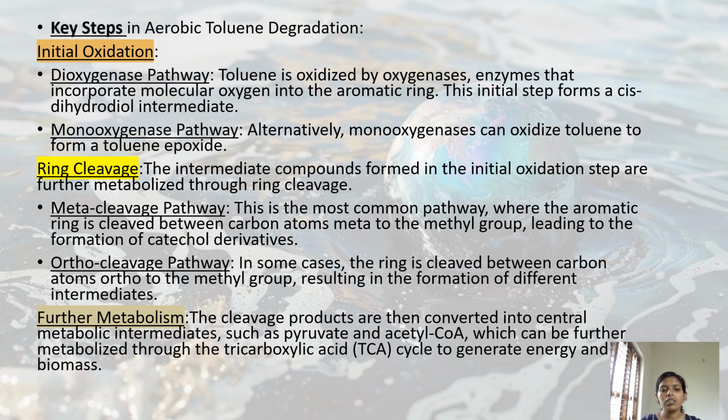The next step is ring cleavage, in which the intermediate compounds, such as the dihydrodiol or the toluene epoxide formed in the initial oxidation step, are further metabolized through ring cleavage. The ring cleavage can be the meta cleavage pathway or the ortho cleavage pathway. The meta cleavage pathway is the most common, where the aromatic ring is cleaved between carbon atoms meta to the methyl group, leading to the formation of catechol derivatives.